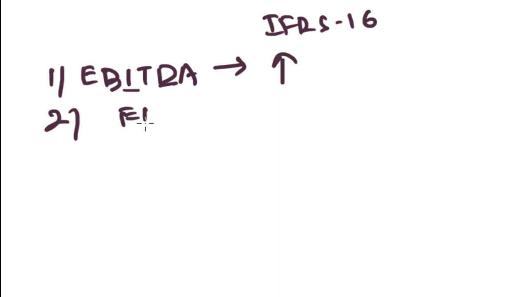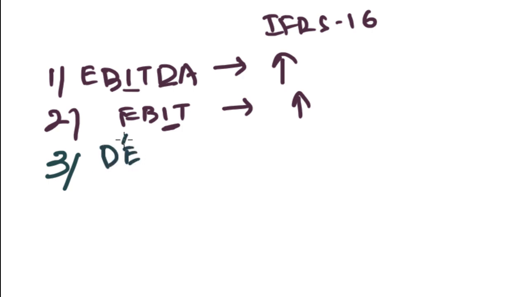So the third one would be debt equity ratio. The debt will go up and the equity remains the same, so it will go up. The fourth one, operating cash flow.